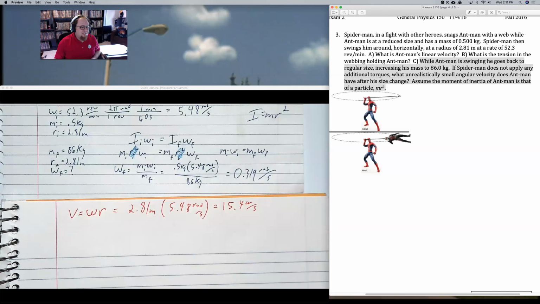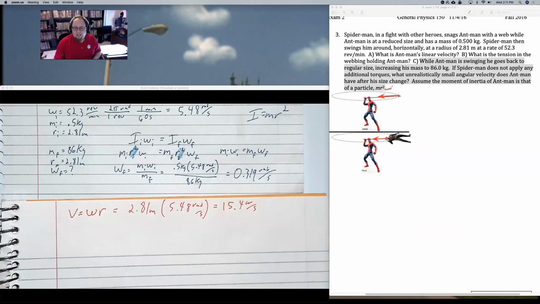And so what this says here is, what's the tension in the webbing? If I want to solve for the tension, I'm going to start with a free body diagram. What I can say is that this tension is going to apply a force pointing to the middle of the circle, although I'm in part A, so really this tension should be here and not the lower figure.